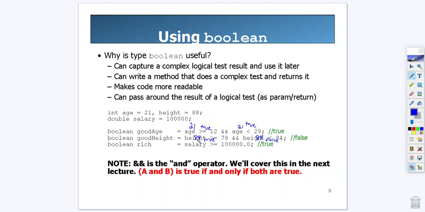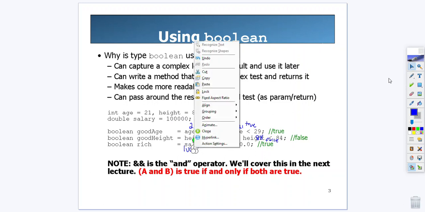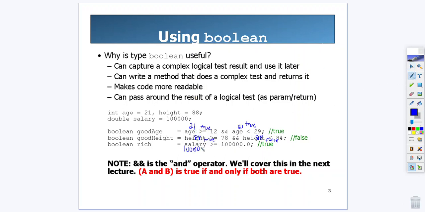And because both of these are not both true, that would be evaluated to false, so good height would be false. What about rich? Well, I take my salary and I substitute it in. So remember, even though I didn't put a decimal when I assigned it to salary, because it's stored in a double, it does have a decimal. So is this greater than or equal to that? And the answer is true.